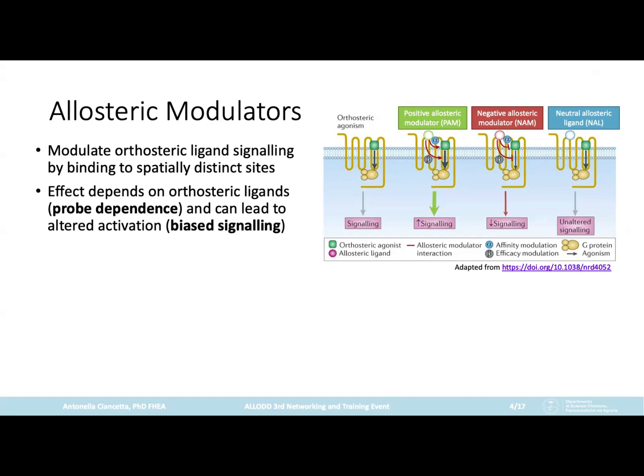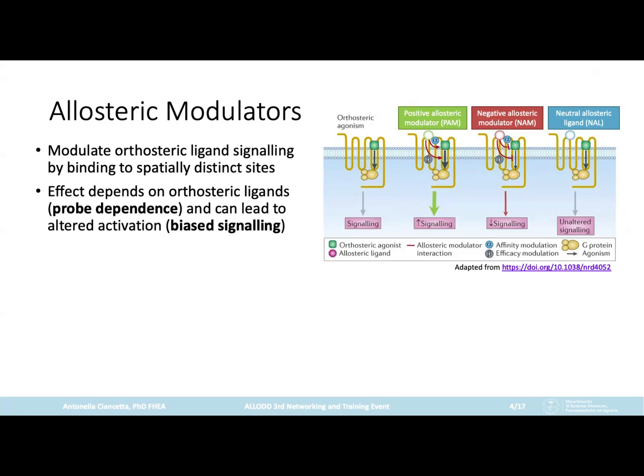Another interesting aspect of allosteric modulation is that when the orthosteric agonist can signal by different pathways, the allosteric modulator can alter one pathway at the expense of the others, giving rise to what's called biased signaling.